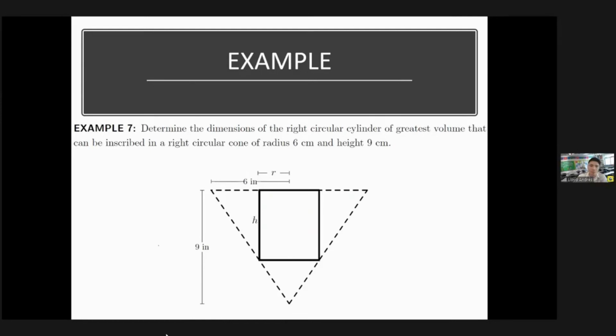Second step, kailangan nato magleta og variable. So let h be the height of the cylinder, r be the radius of the cylinder. Ang third, kailangan nato og function. So using the formula sa cylinder, ang formula sa cylinder unsa man?